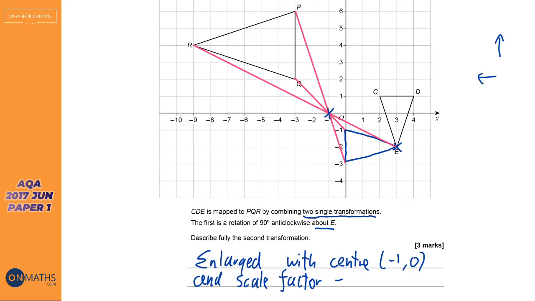And if you just count the squares, so on this bit here, 1, 2, 3, 4, 1, 2. So it's going from 4 to 2. No, it hasn't. It's gone from 2 to 4. Could do it the right way around because we're starting on this shape here, and we're going to PQR. So it's gone from 2 to 4, so it's going to be scale factor 2. And that's a fully completed answer.